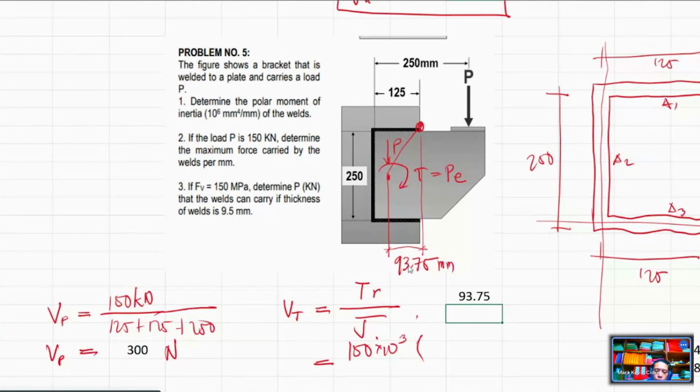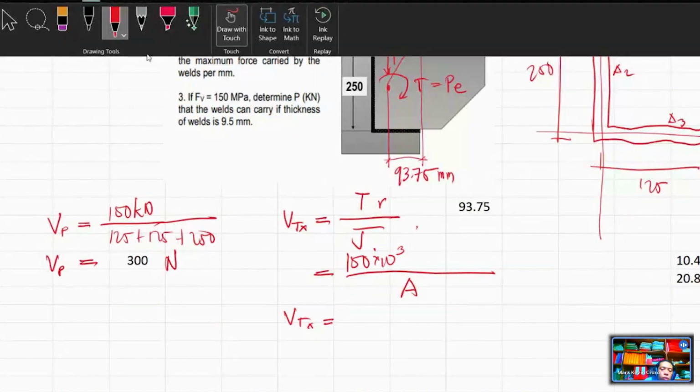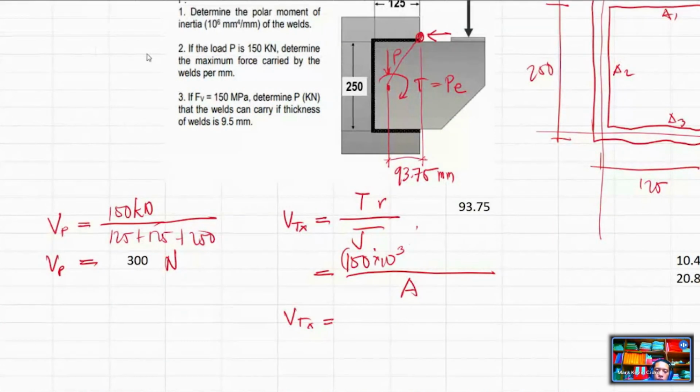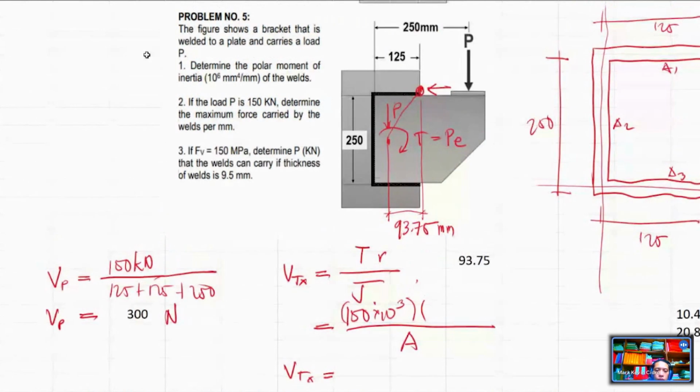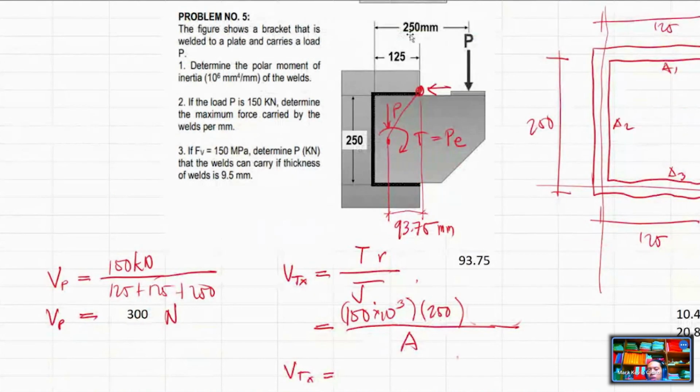So this is torque times R. We need to express it in terms of its components. First VTX, where your R is the y distance. So this is 150 times 10 raised to 3, multiplied by its eccentricity. Careful: the eccentricity is not 250.